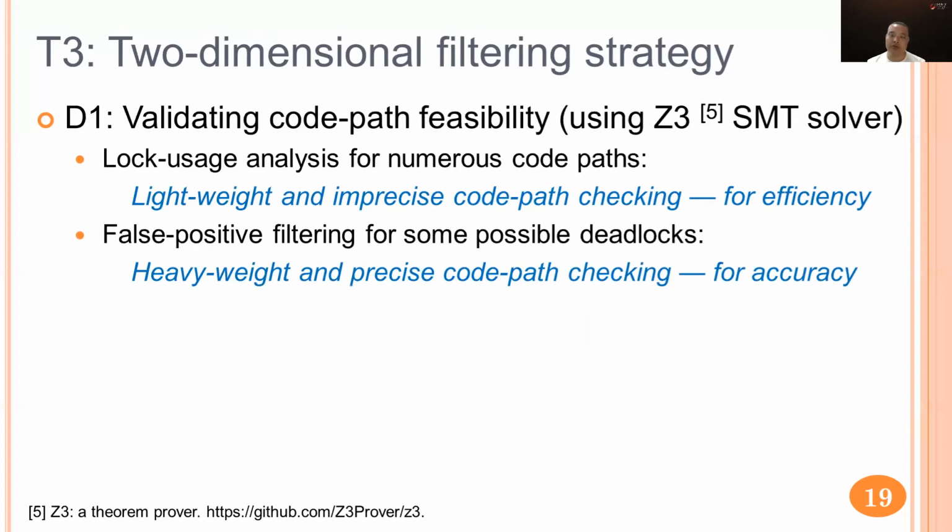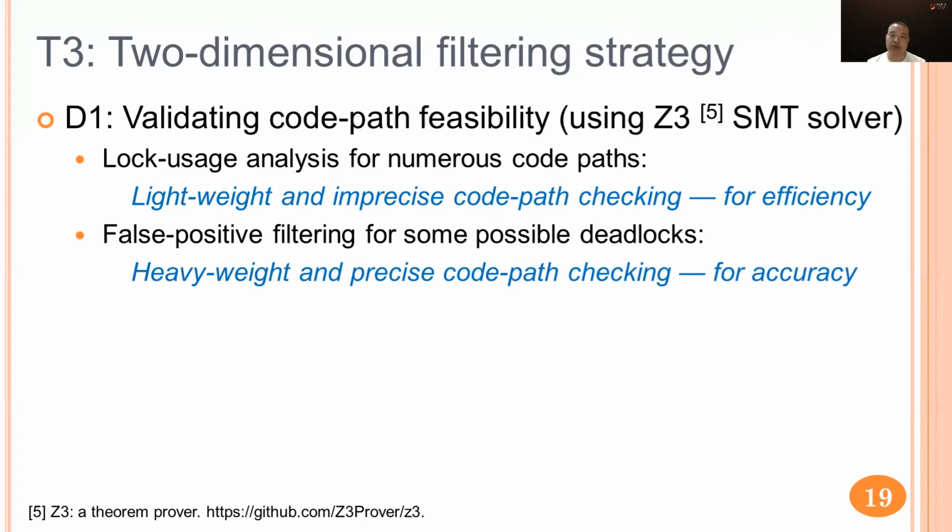When performing lock usage analysis for numerous code paths, we perform lightweight and imprecise code path checking to improve efficiency. Specifically, we perform checking in just one function without handling variable assignments, so this checking is imprecise but fast.